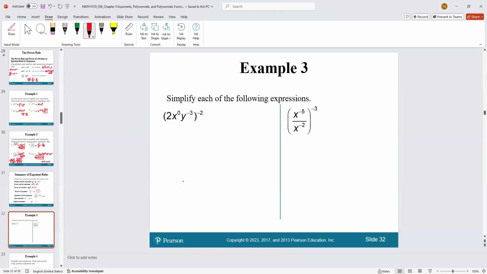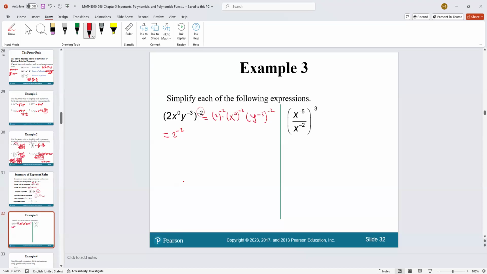For the first one, the first thing to do is to distribute the exponent to each term inside of the parentheses. We're going to have 2 power negative 2. We have x power 0 power negative 2, y power negative 3 power negative 2. Remember, for me, it's the same thing having 2 power negative 2 like this.